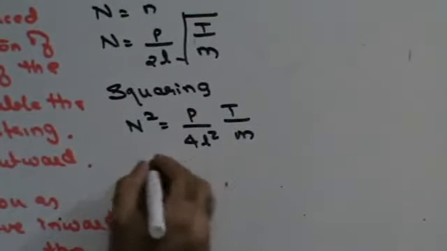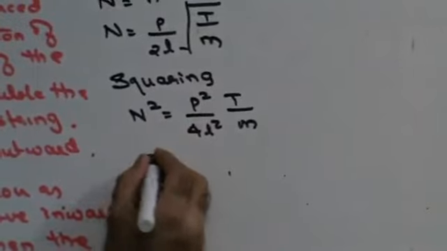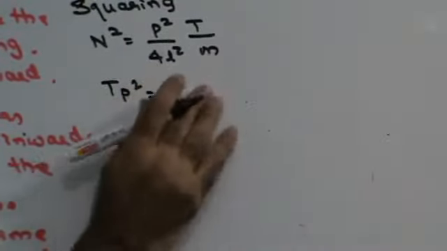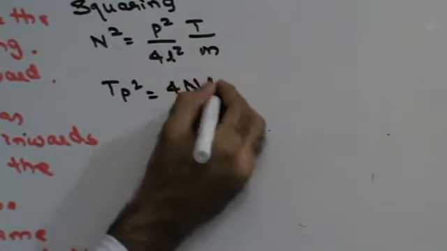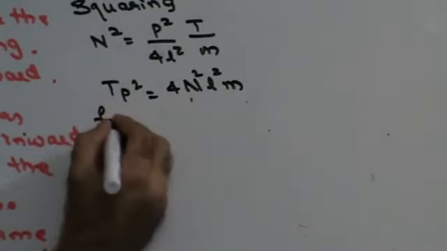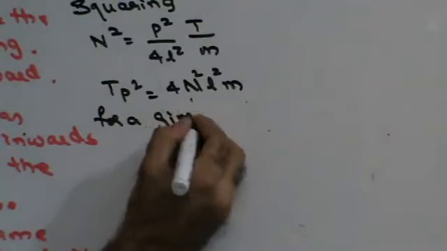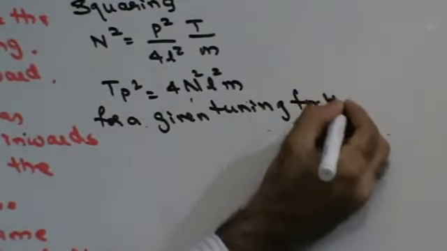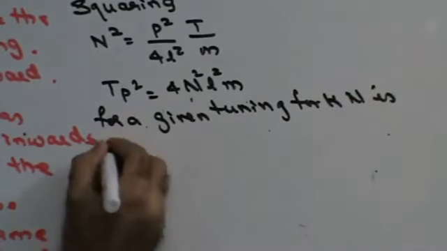So in which case you will get T p square is equal to 4 N square L square m. Right? But for a given tuning fork, N is constant.